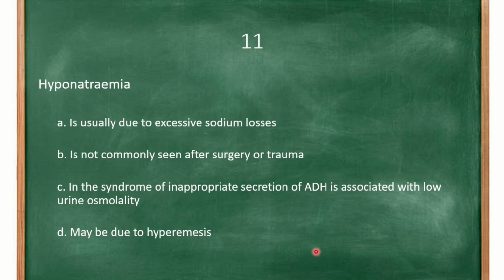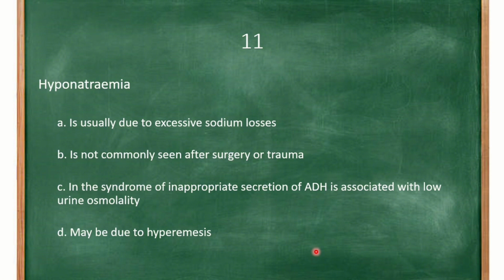Then question 11. Question 11 says that hyponatremia A is usually due to excess sodium loss. Then B is not commonly seen after surgery or trauma. Then C, in the syndrome of inappropriate secretion of ADH, is associated with low urine osmolality.